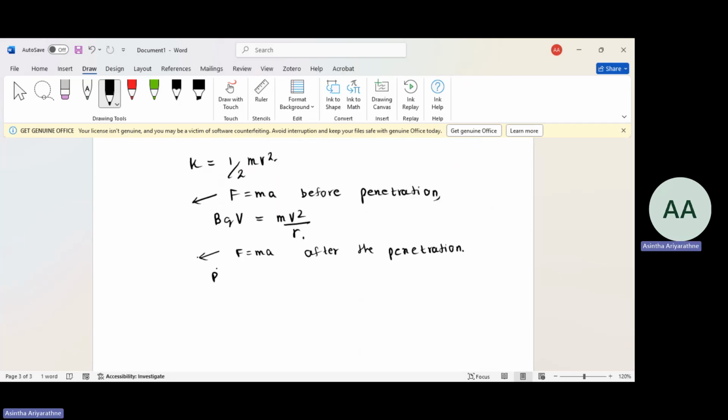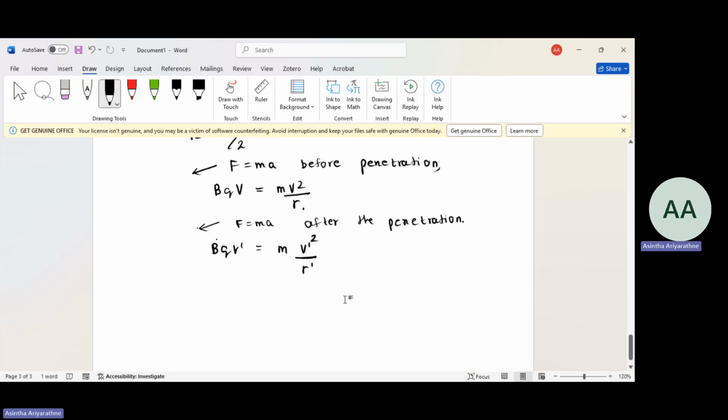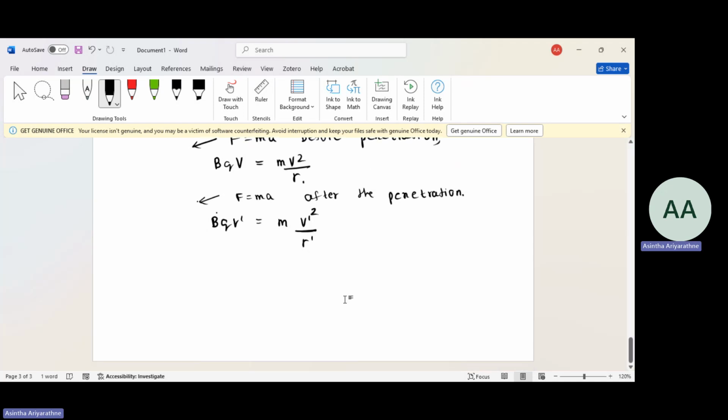Then B and q remain the same, m remains the same: B q v dash equals m v dash squared over r dash, with a different radius. It is given that after the penetration the kinetic energy becomes half of K, so half of K is equal to half m v dash squared.